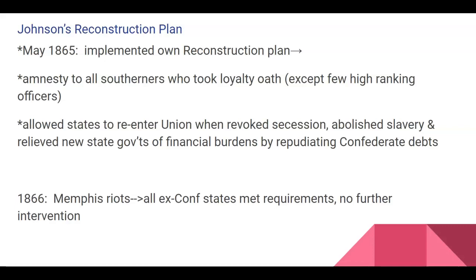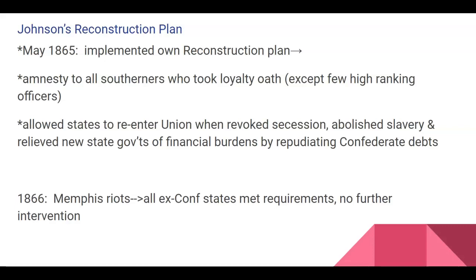These were their brothers, and he wanted to get them back into the Union and get things going again, because really the United States needed an economy boost at this point. The Civil War had stopped basically everything, and so the nation needed to get the economy going again, and so he wanted things back to normal.